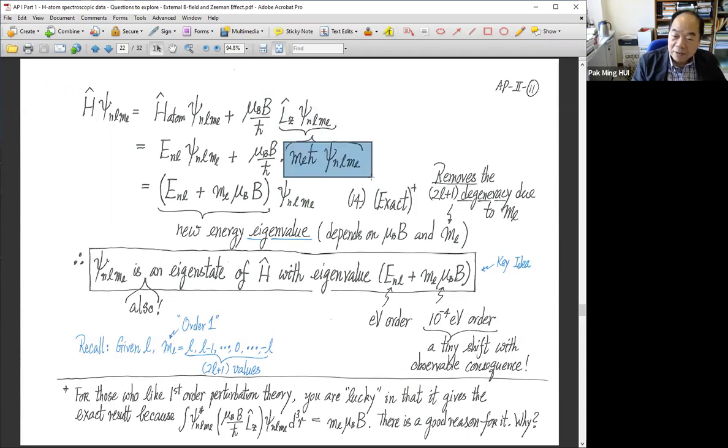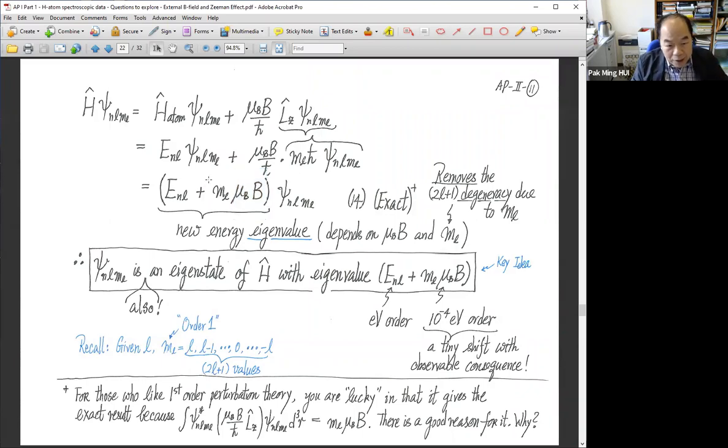So these are eigenstates. And this h bar cancels with what we just did. We want to make this a number, so we have this ML mu_B B. As I told you, mu_B B sets the scale of 10 to the minus 4 eV or so, or 10 to the minus 3 if you have a big magnet.